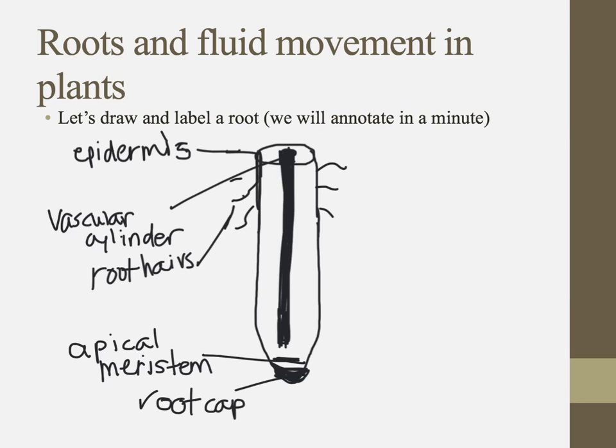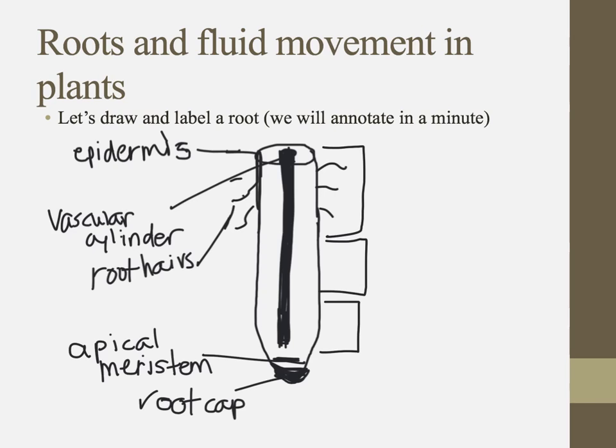Now all the rest of the actual root, other than the cap and the apical meristem, can be divided up into three sections. So we have a section at the top, a section in the middle, and a section at the bottom.